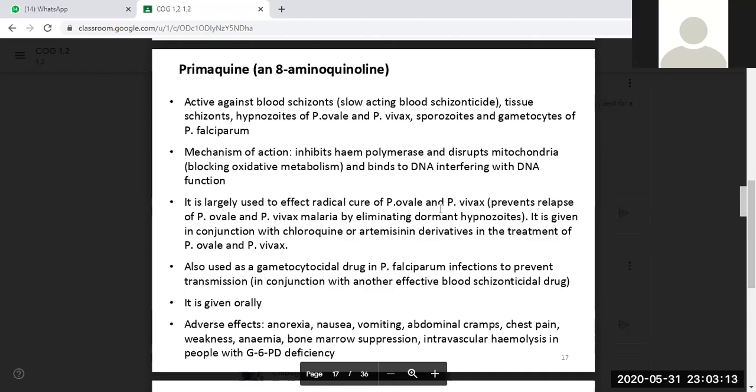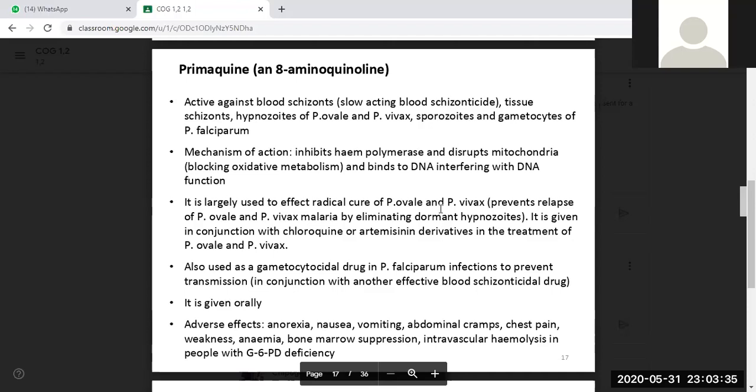This drug is largely used to effect radical cure of Plasmodium ovale and Plasmodium vivax. It prevents relapse of Plasmodium ovale and Plasmodium vivax malaria by eliminating the dormant hypnozoites.